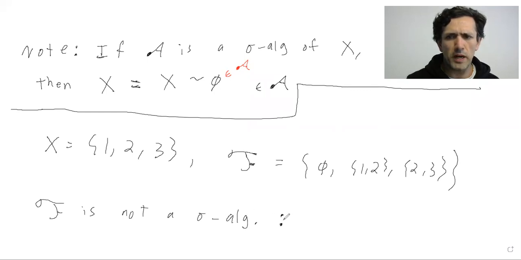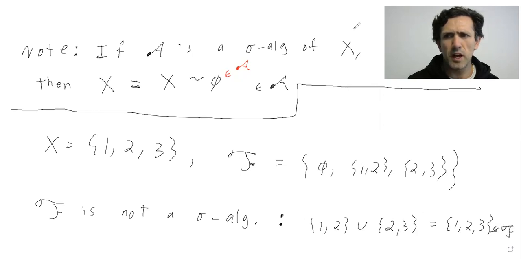And there's quite a few reasons why. Well, we only have to check that any of the properties we know of a sigma algebra are violated. In particular, we know sigma algebras are closed under finite unions, and certainly take the union of {1, 2} and {2, 3}.